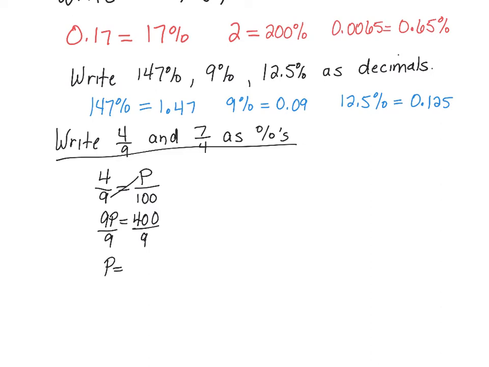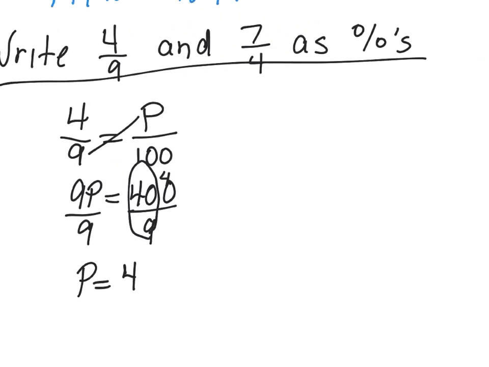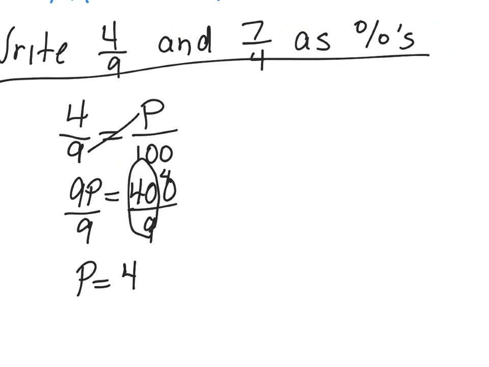How many times does 9 go into 40? 4 with how many left over? 4, so I put that 4 there, right? 9 into 40? 4. Well, if I put a decimal point, I'm going to get another 4. So it's 44.4% repeating.